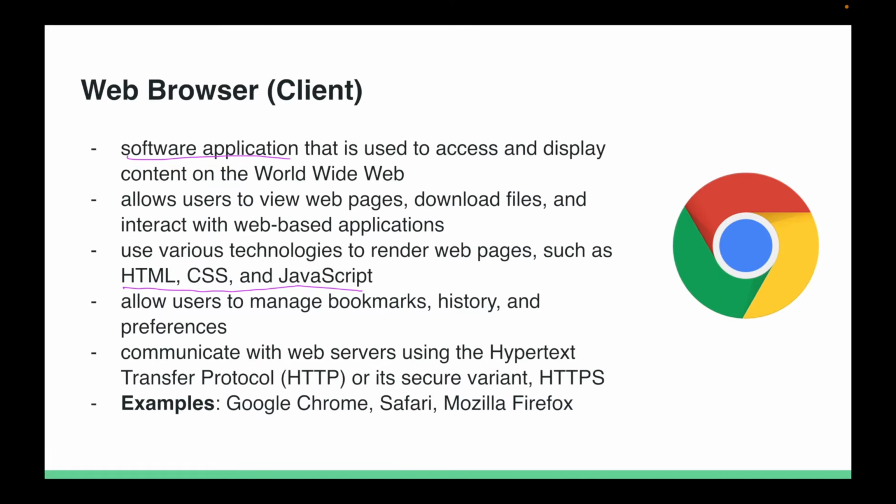Additional functionality that we can access in our web browser includes the ability to manage bookmarks, keep track of history, and change our preferences. And when we're communicating in our web browser, we're utilizing the HTTP or HTTPS protocols. Some examples of web browsers include Google Chrome, Safari, and Mozilla Firefox. And if you've not used one of these three, I don't know what to say.